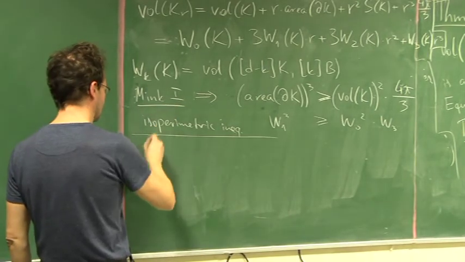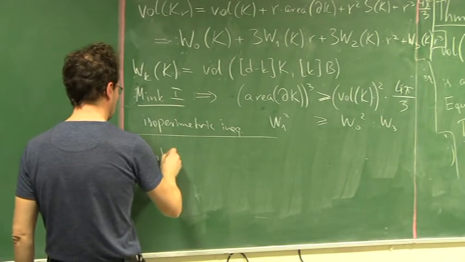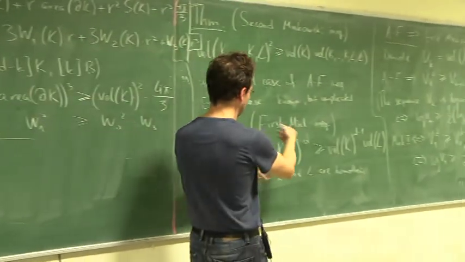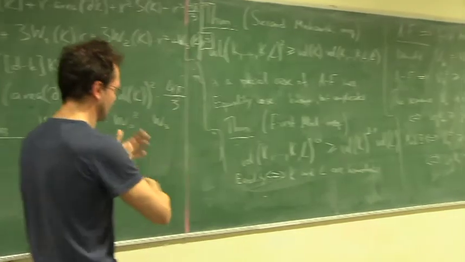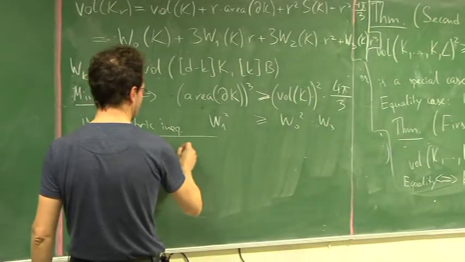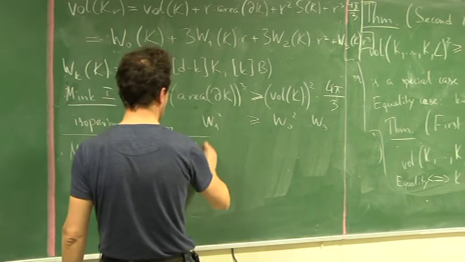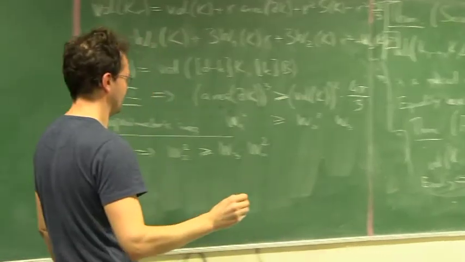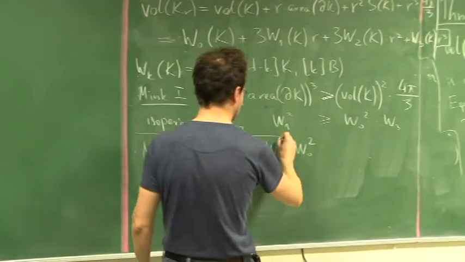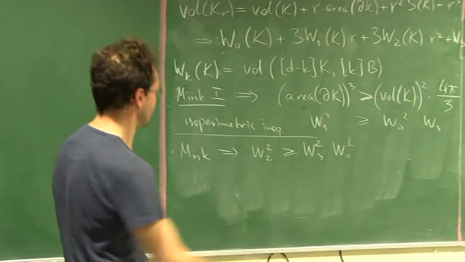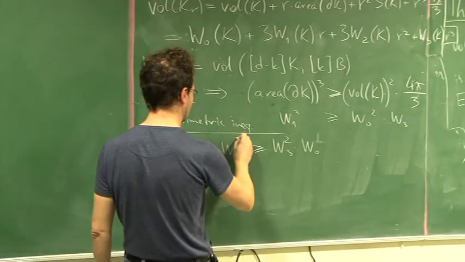But from the first Minkowski inequality, one can also derive, now exchanging K and L, that W2 squared is bigger or equal than W3 times W0 squared. No, W3 squared, W2. No, here it's third degree.